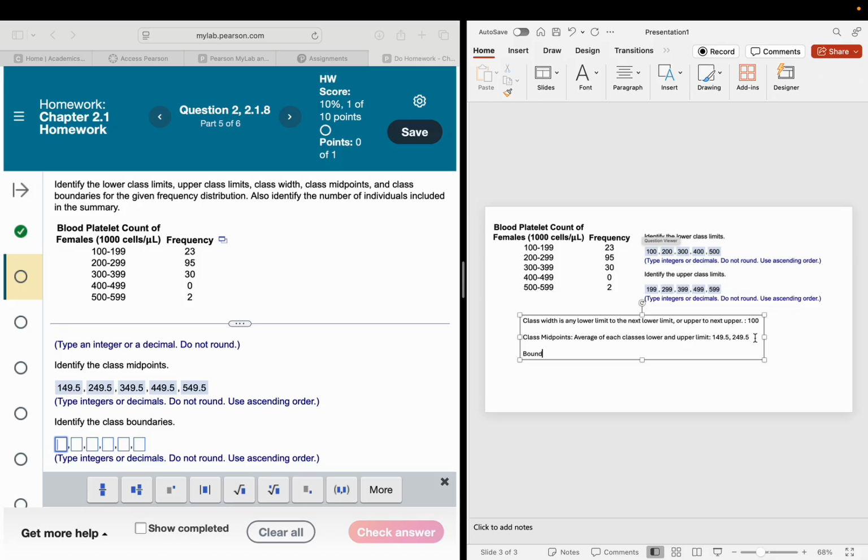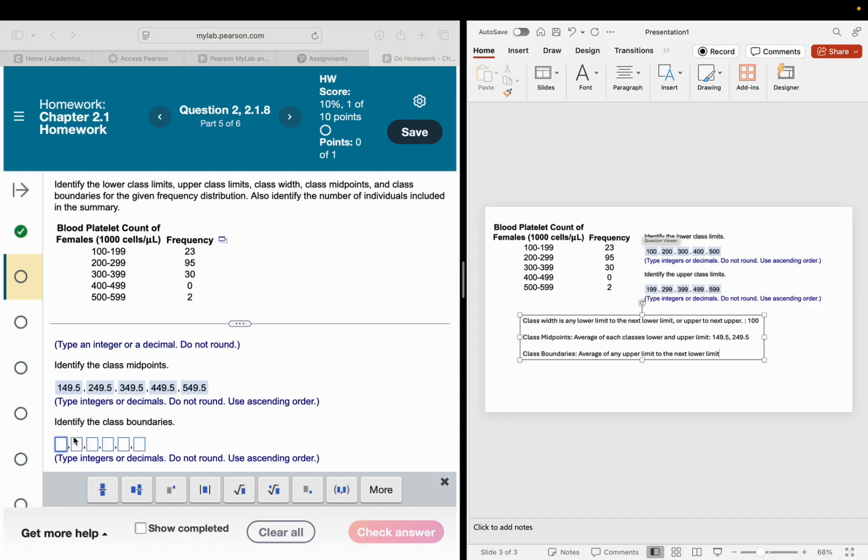Let's define it like this. Class boundaries are the average of any upper limit to the next lower limit. And so the thing about that is, again, there are 6 boxes. Again, there's 4 in between that we already noticed.